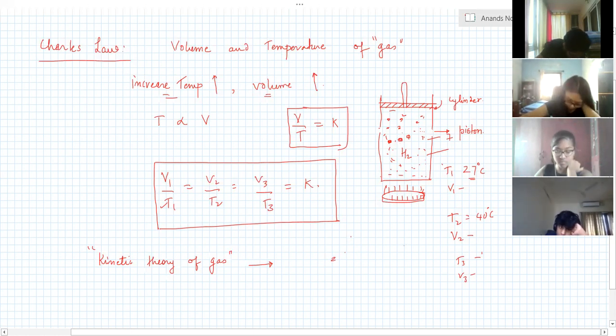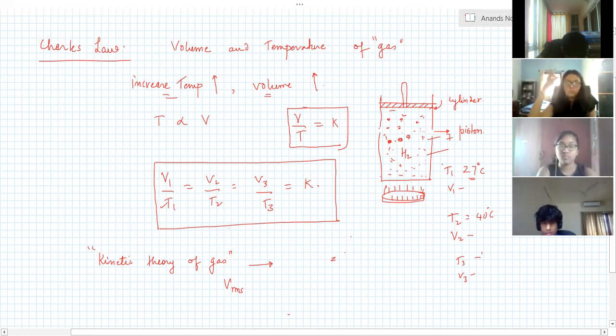Because they have what is called random motion. So if you increase the temperature, their motion will become more. It is called the root mean square velocity of the gas, VRMS, they say. I'm just throwing some terms at you. You don't need to worry about it, but yes, all these are very important in higher grades.